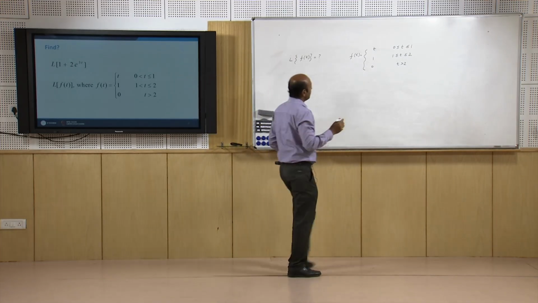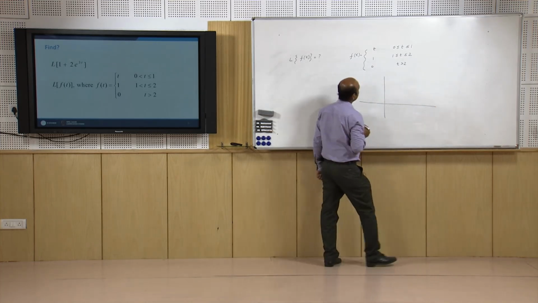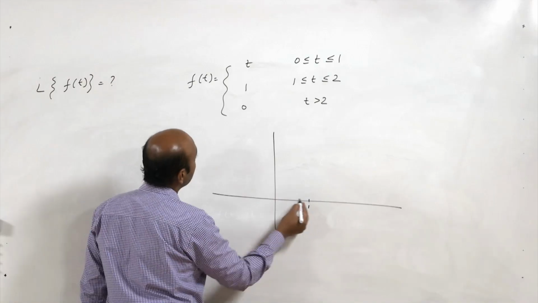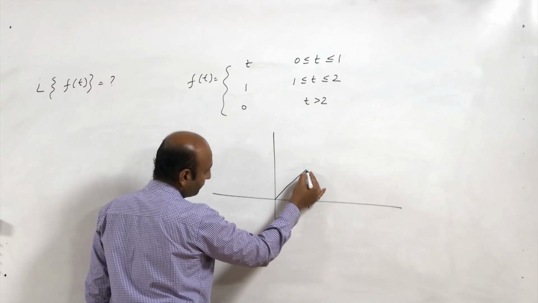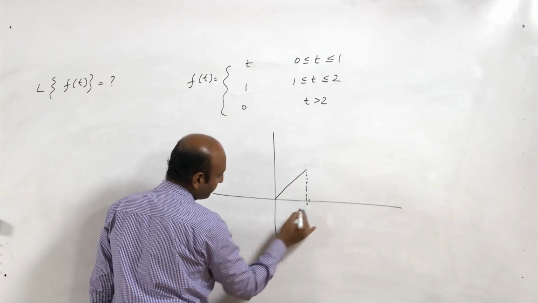So what this f(t) is, if we visualize it graphically, from 0 to 1, suppose this is 1, from 0 to 1 f(t) is t, that is a straight line.